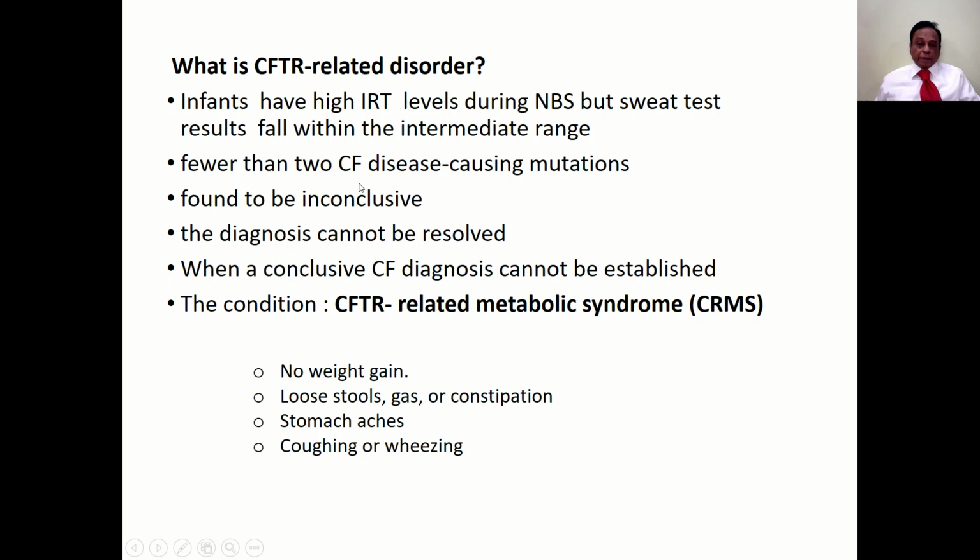Sometimes the mutations are very uncommon and not supportive of cystic fibrosis. So all the results might be inconclusive, and till we make a conclusive diagnosis, we can use the term CFTR-related metabolic syndrome. Most of these children may present with a lot of complaints. We have to follow them till we make a complete diagnosis.